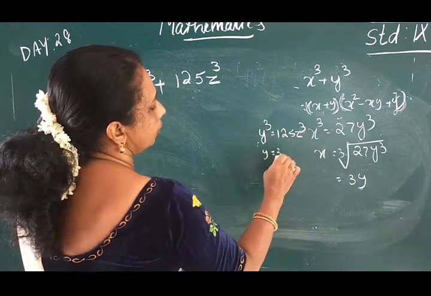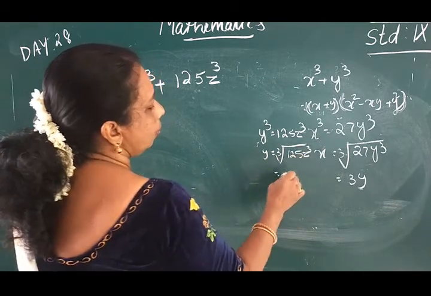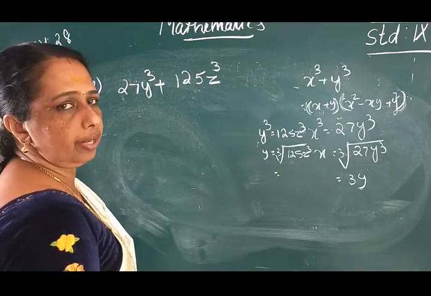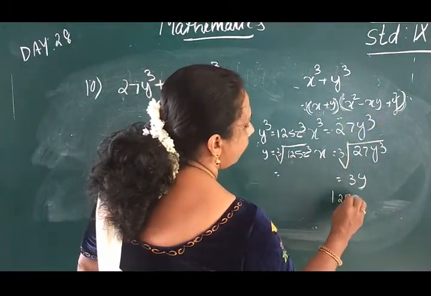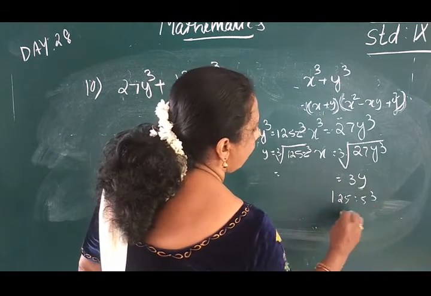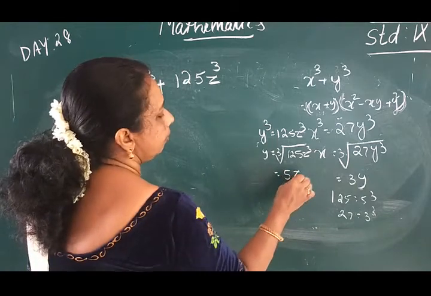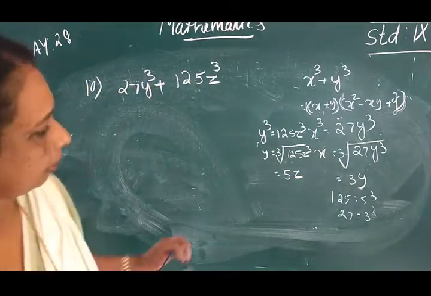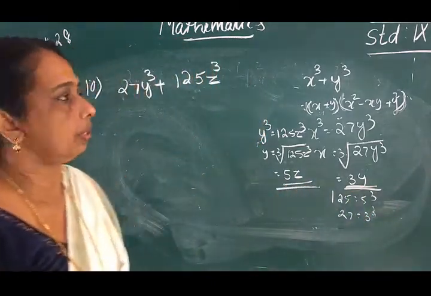Then y is equal to the cube root of 125 z cube. You know the cube root of 125: 5 into 5 into 5, 5 cube. 125 is equal to 5 cube and 27 is equal to 3 cube. So we get x as 3y and y as 5z.